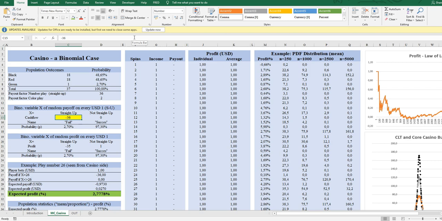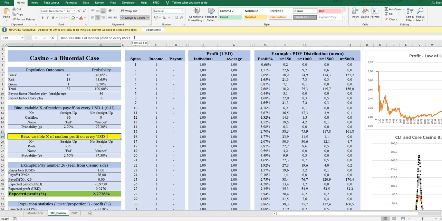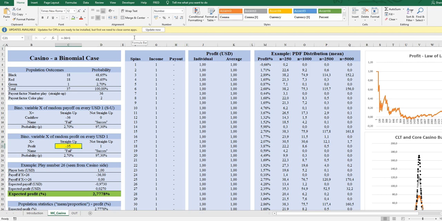If you look at it from a profit side, which is ultimately the interest of every investor, including the casino, in the case of the straight up they pay out 36, but they get $1, which is the initial investment from the player.